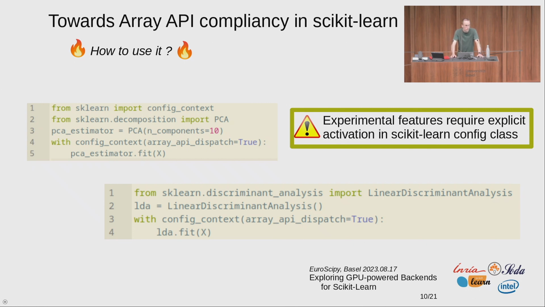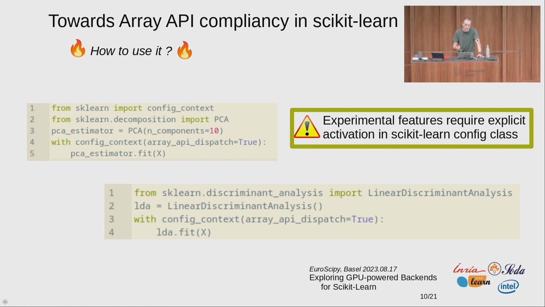How we use it, in fact, doesn't change much for normal use. Instead of providing a NumPy array as input, for instance to a PCA estimator, it could be a PyTorch array or CuPy array that has been loaded on GPU. Since it is still considered an experimental feature, if you want to use that, scikit-learn expects you beforehand to change a parameter in the scikit-learn configuration.